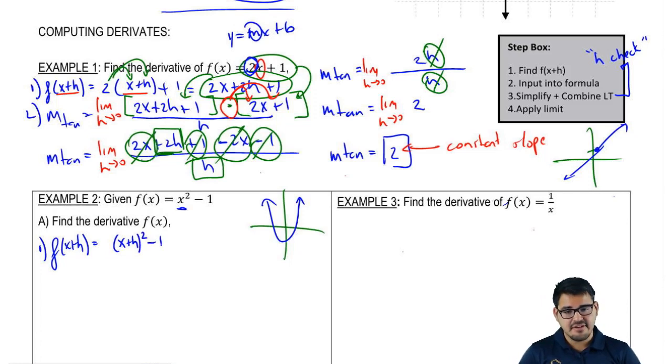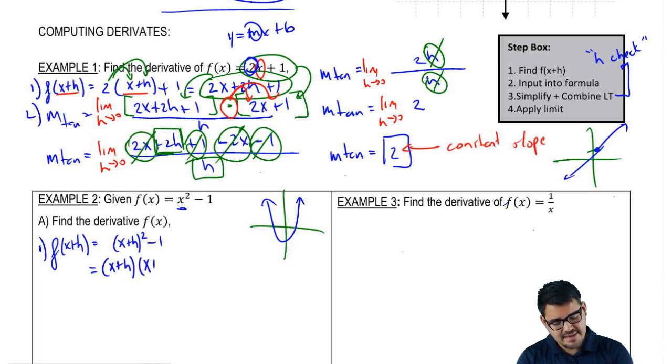So this f of x plus h is actually going to take a little longer than our previous one because we have a parabola, so we have a quadratic, and it takes a little more work. So let's go ahead and do that. So now we're going to go to f of x plus h times x plus h.